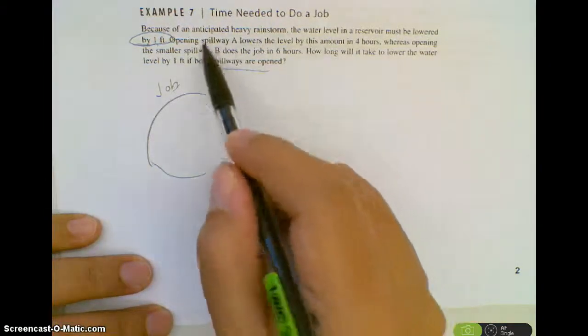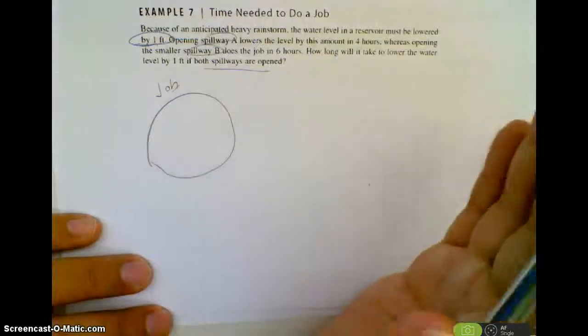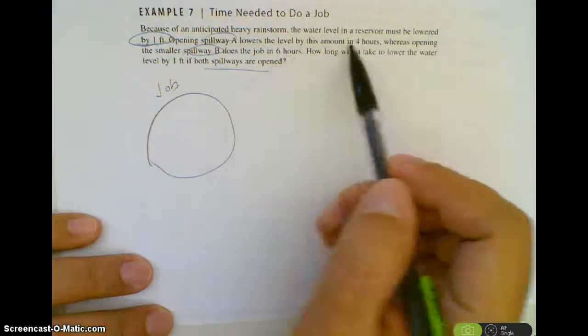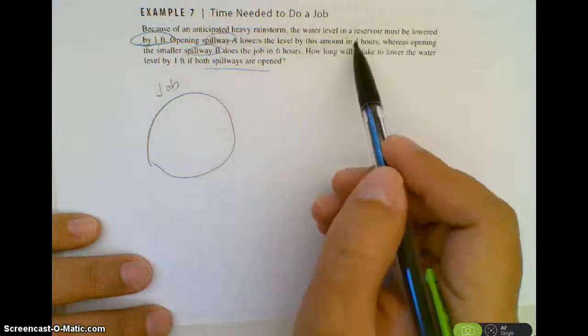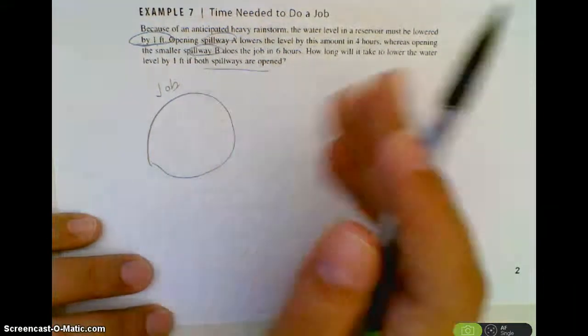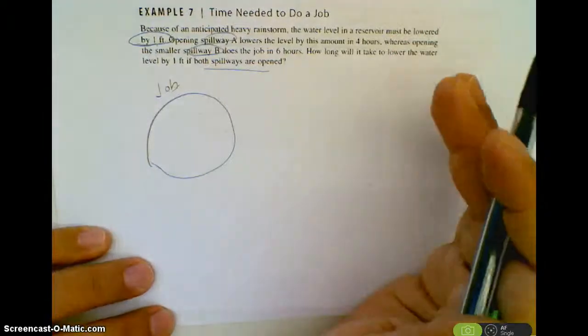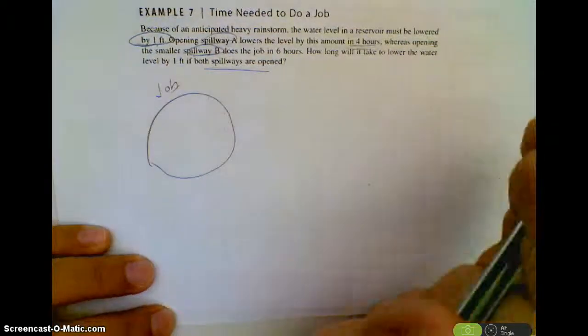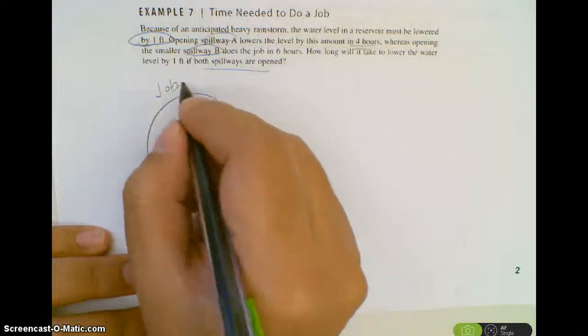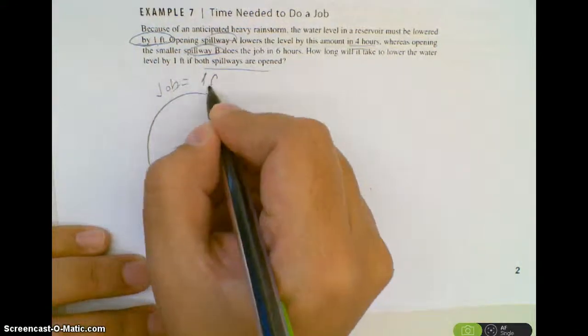However, they are both going to be open, so the job overall is going to take definitely less than 4 hours, because spillway A is going to get help from B, so it's going to be even less than 4 hours. So let's say that the job is lower the water by 1 foot.